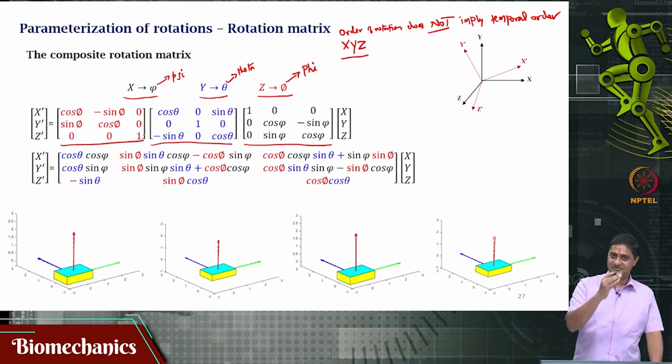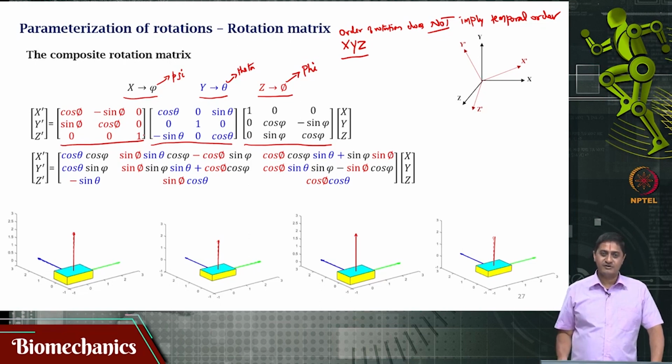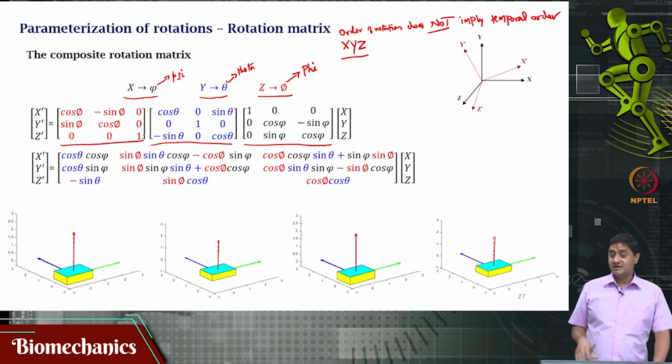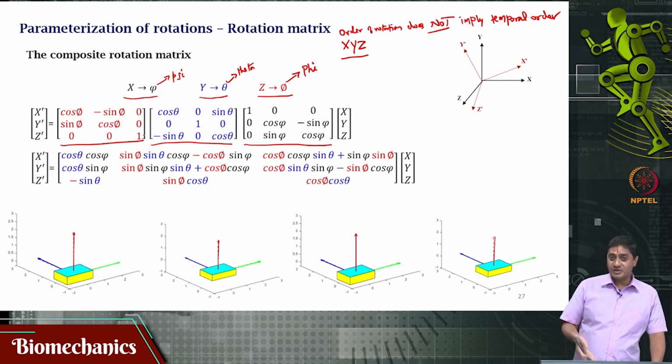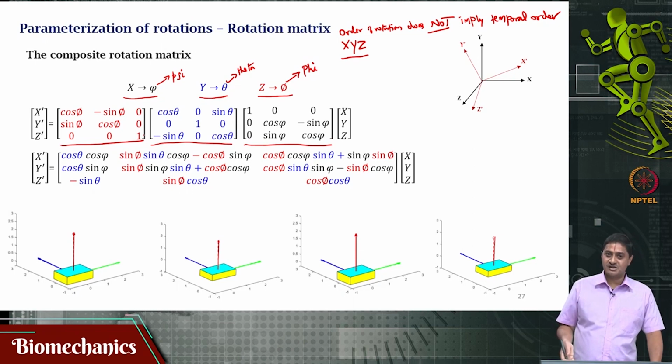From right to the left. Remember, from childhood, from high school, this is how we perform matrix multiplication. So if the order of rotation is x, y, z, then the z rotation matrix will come first, followed by the y rotation matrix, followed by the x rotation matrix. This will imply the actual considered order of rotation is x, y, z.